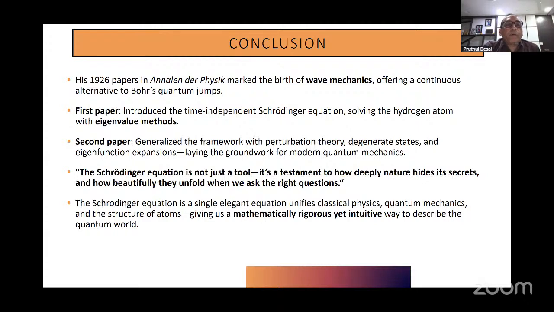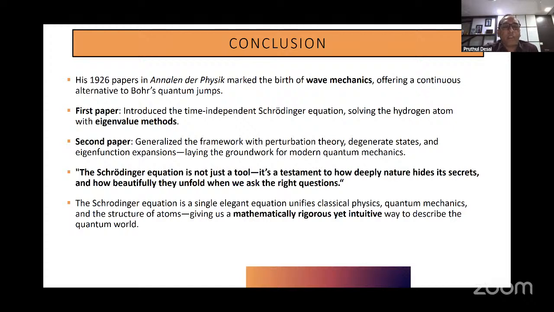The first paper introduced the Schrodinger equation, solving the hydrogen atom with eigenvalue methods. His second paper generalized the framework with perturbation theory, degenerate states, and eigenfunction expansions, laying the groundwork for modern quantum mechanics.